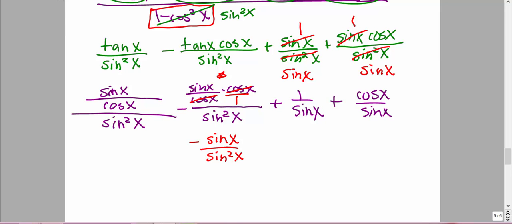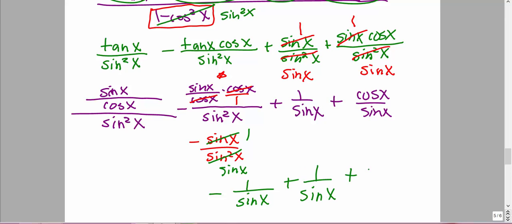And that also can be reduced pretty quickly to be 1 over sine x. So I'm going to go ahead and rewrite everything we have so far that we have simplified. So we have minus sine x, that comes from the middle, 1 over sine x, that's positive, plus cosine x over sine x. So all these are simplified fractions as much as possible.